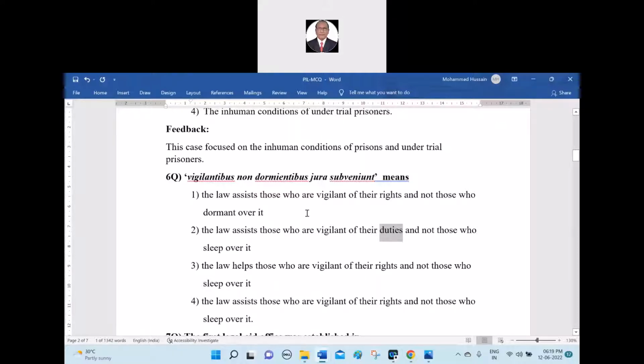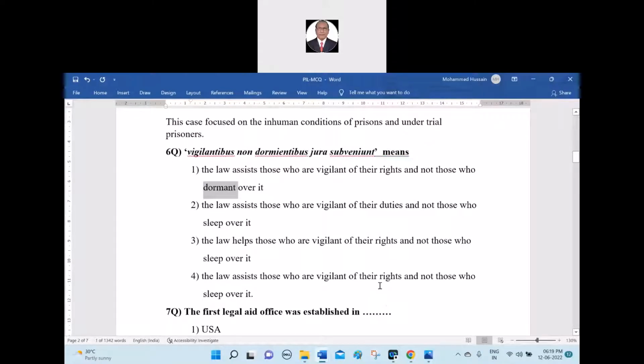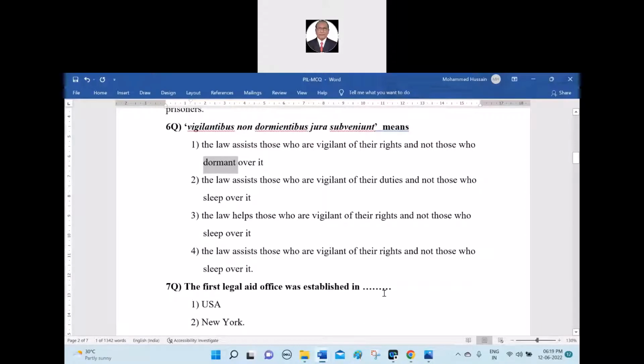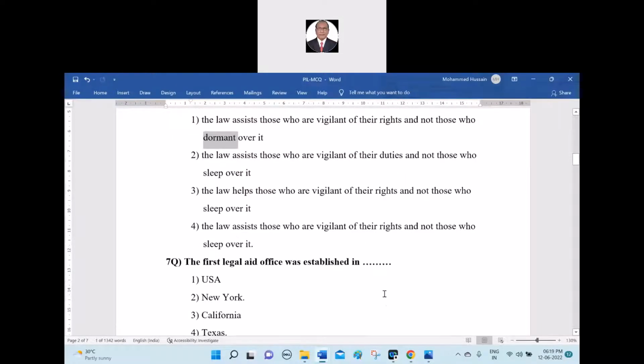And at the end I said those who are dormant over it, rather than those who sleep over it. So I made little changes here and there to confuse you. The right answer is the law assists those who are vigilant of their rights and not those who sleep over it. That is the exact equivalent in English.